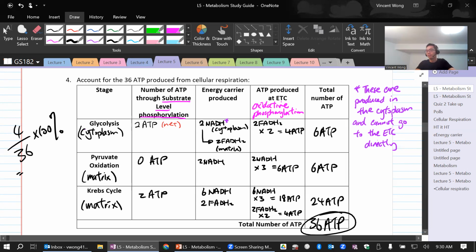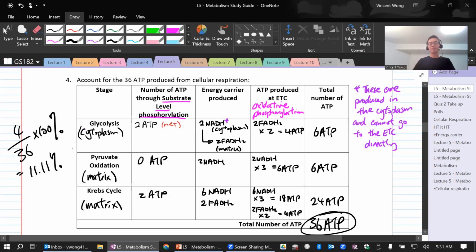Sorry, I got too excited myself. I'm just saying, 4 out of the 36 ATPs are produced through substrate level phosphorylation. So I want you to key in 4 over 36 times 100. Oh, okay. So 11.11%, right?